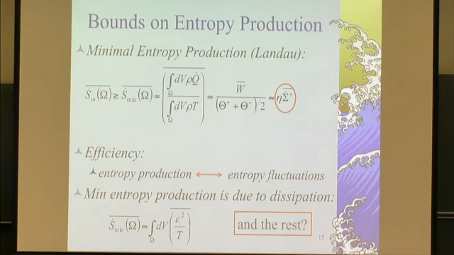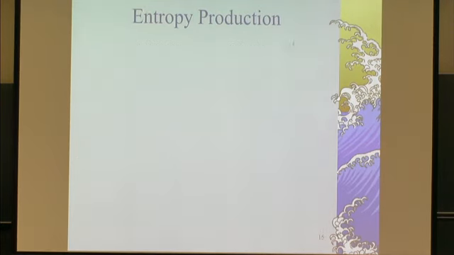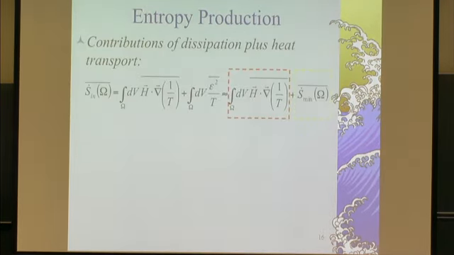So this is the minimum. If you give me a system, I know there is all this dissipation of kinetic energy, and you don't tell me anything else, there's going to be at least this entropy produced inside. The rest is, of course, the contribution of fluxes inside the system, so fluxes down temperature gradients.